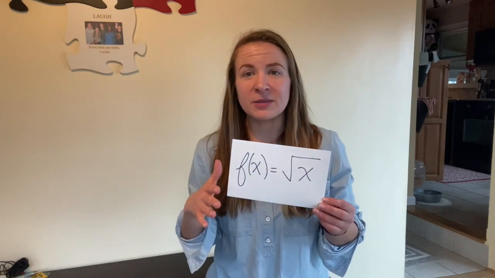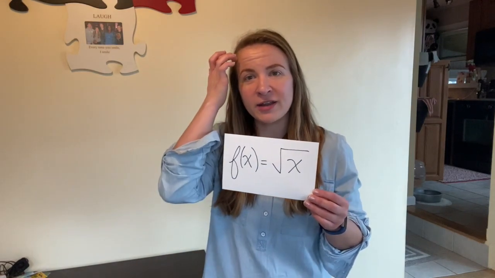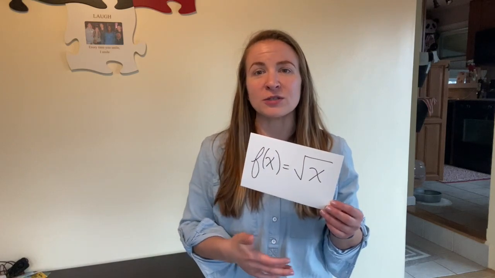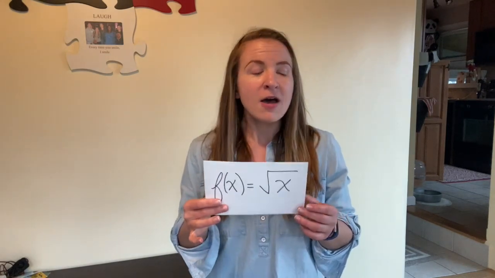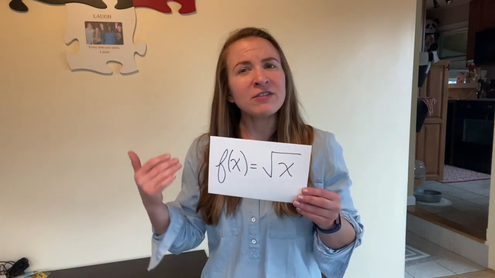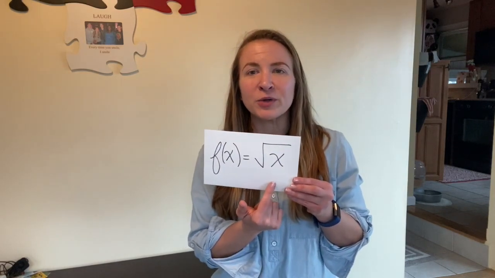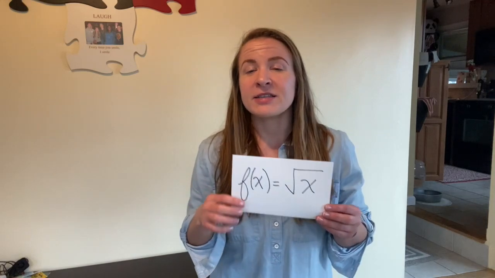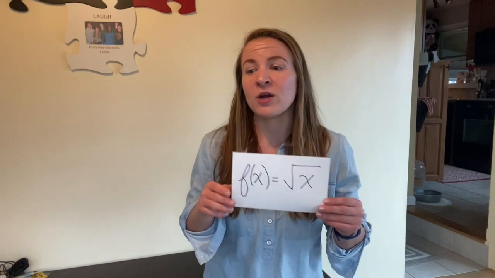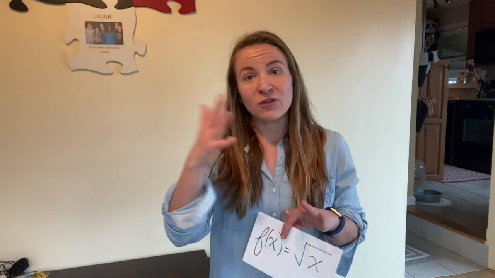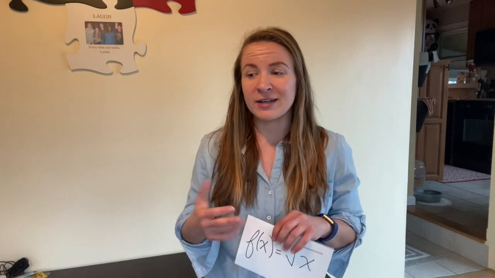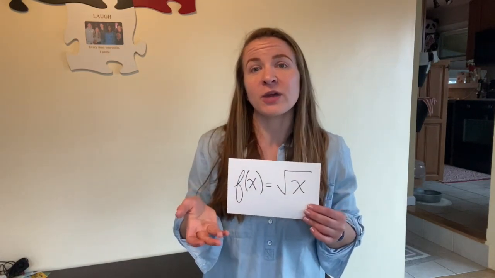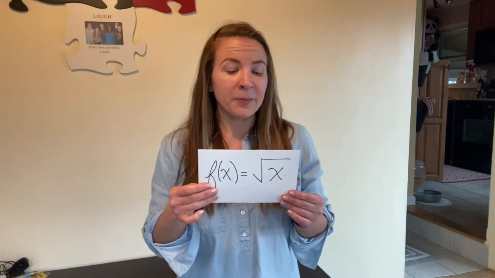Now, there are some similarities with graphing quadratics because they follow the same rules as far as transformations. But you have to think about what the square root means and what it represents and how we use it, because that's going to be important when we start making, for example, our table of values, and it's going to affect what numbers we can plug in for x.